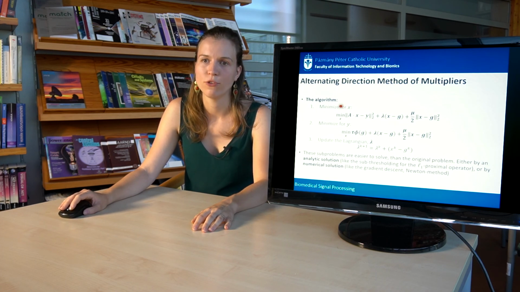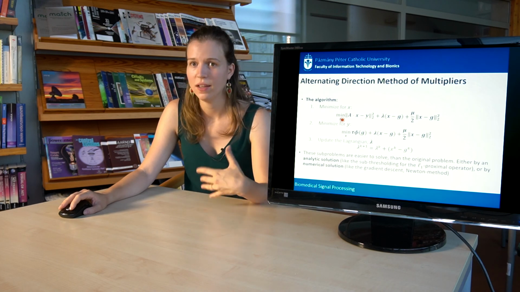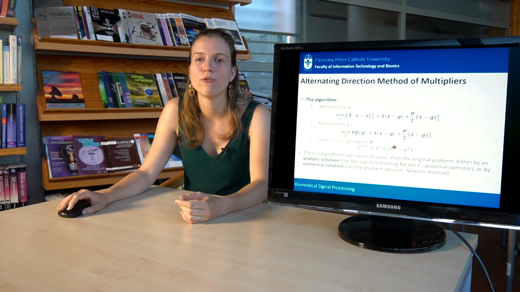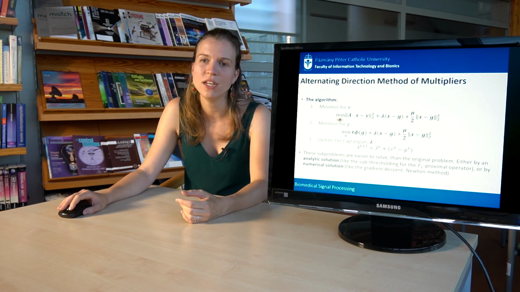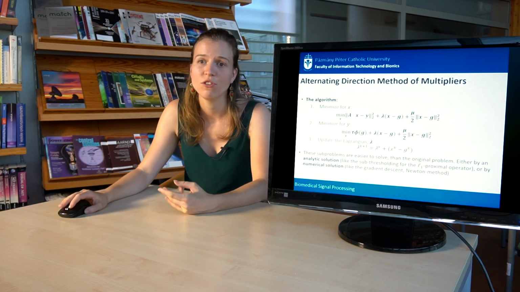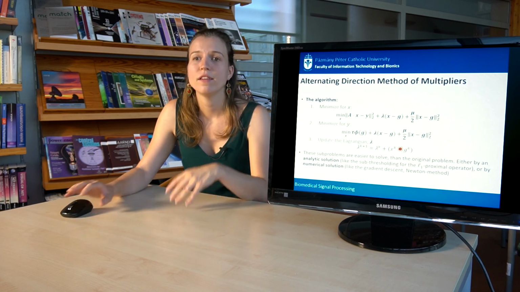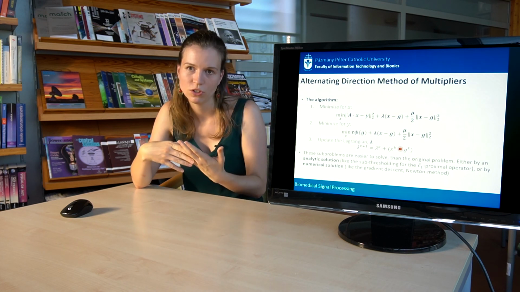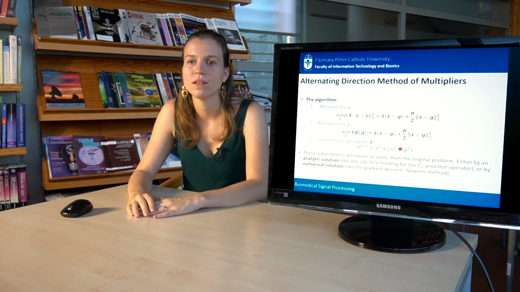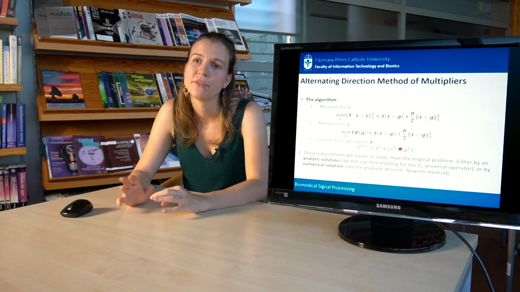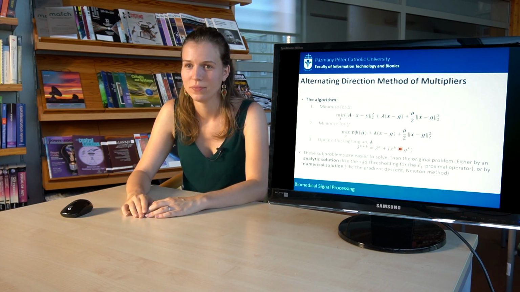So first you minimize for this equation, which will be usually easier to solve than the original equation was. Then you minimize for the second part, for g, in this equation. And then you are updating your Lagrangian, which is the third step. And if you are iterating between these steps, then it will give you a solution. So this is this ADMM framework, which helps you to handle more difficult problems in optimization techniques.